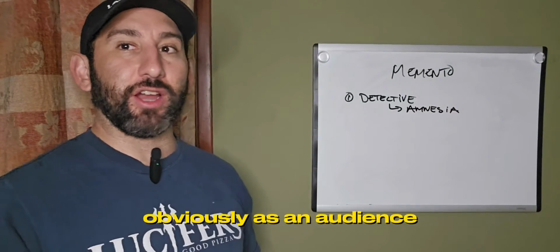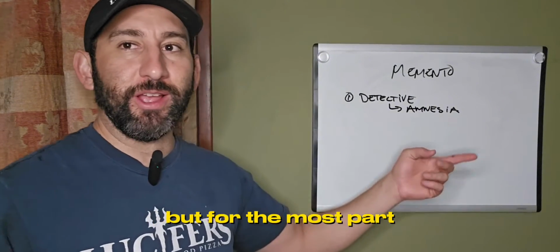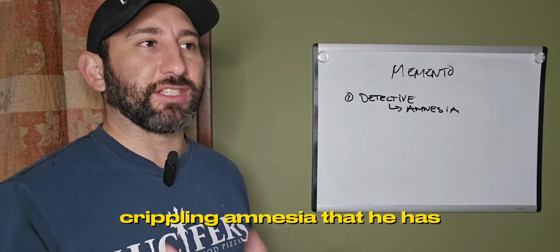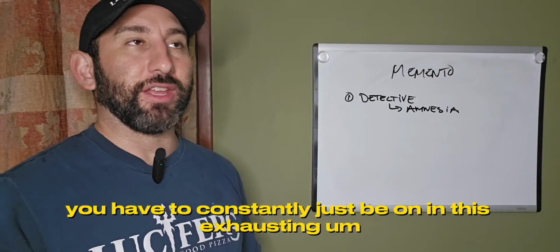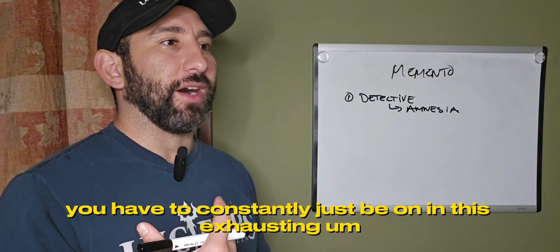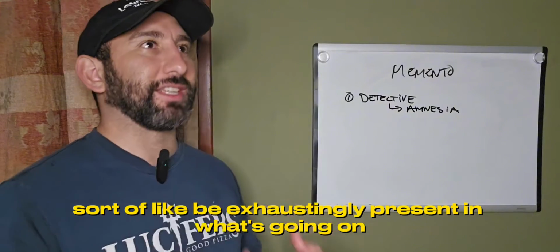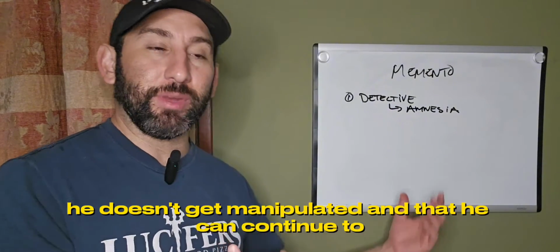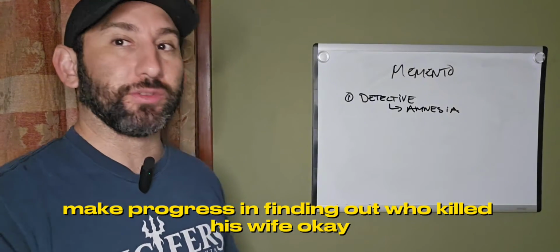Obviously, as an audience, you're going to have a little bit more information than the main character, but for the most part, the perspective is this crippling amnesia that he has, this short-term memory, where you have to be exhaustingly present in what's going on so that he doesn't get manipulated and can continue to make progress in finding out who killed his wife.